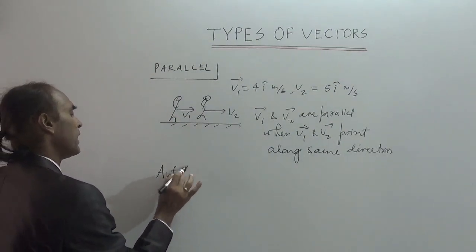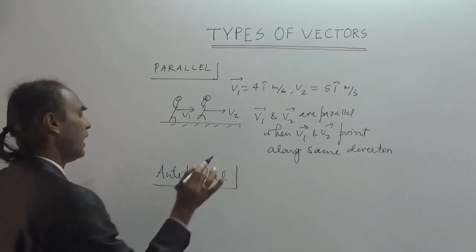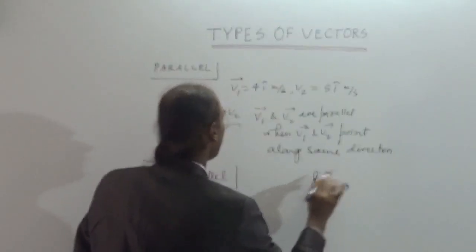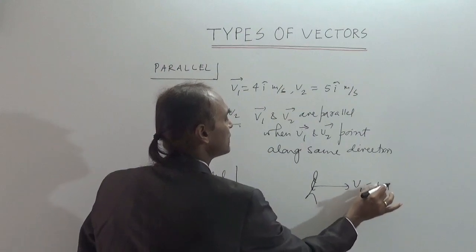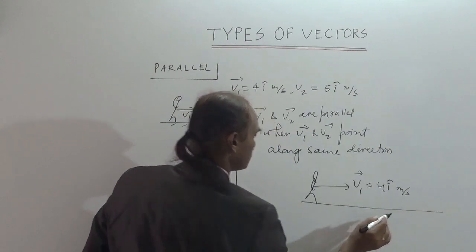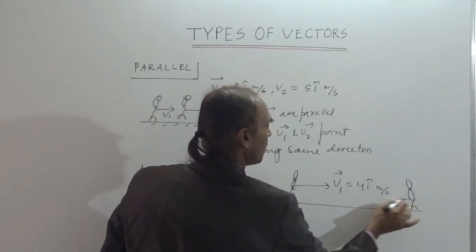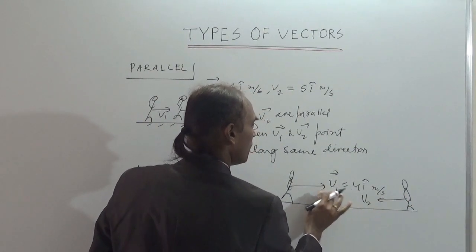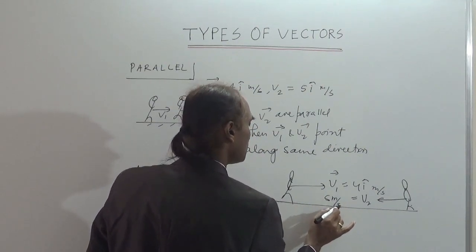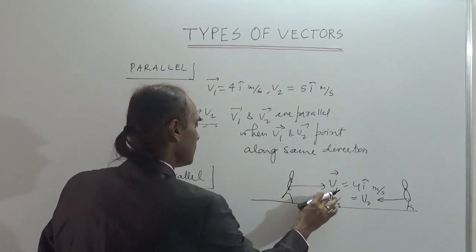Now we will talk about antiparallel vectors. If you move towards east, the velocity v1 is 4 i cap meter per second, and your friend is moving towards west with the velocity of 5 meters per second. In which direction? Minus i cap direction.